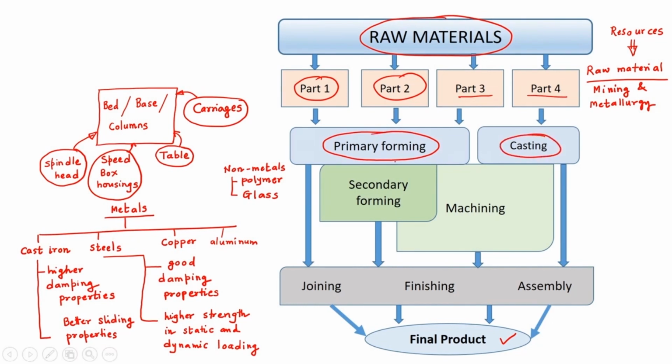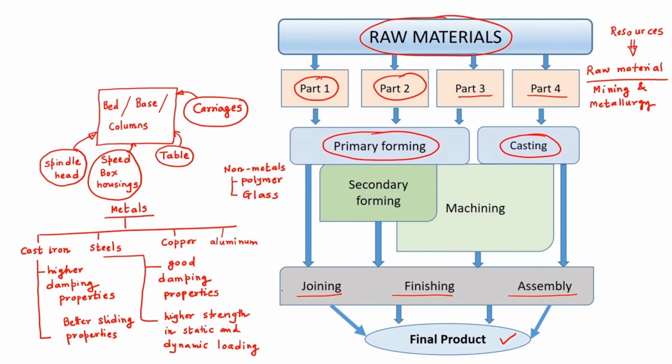The primary forming operations convert the raw materials into basic shapes such as rods, sheets and bars. If it is fine with you to work with the available shapes of the raw materials and use them for making the final product through the other set of manufacturing processes, say the joining, finishing or assembly, it is okay.